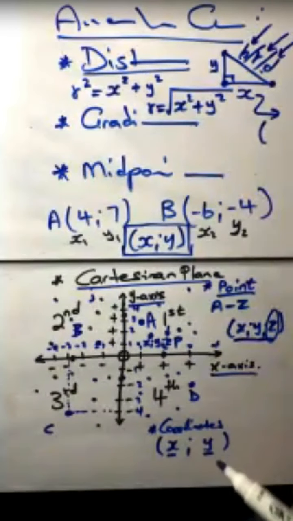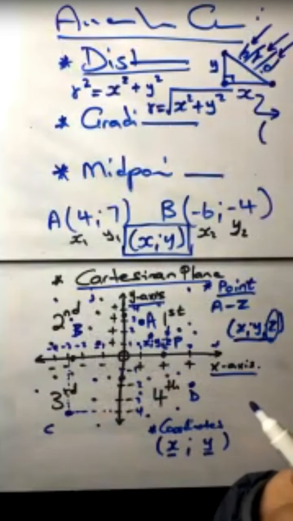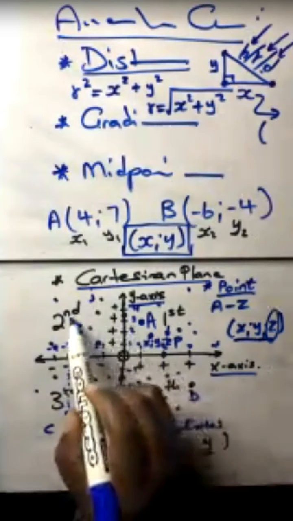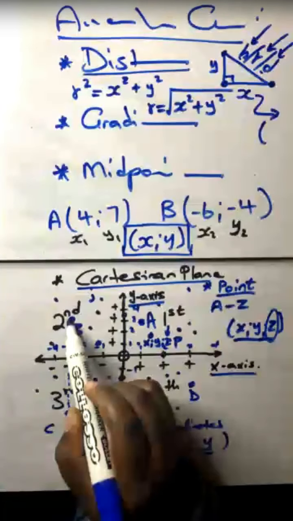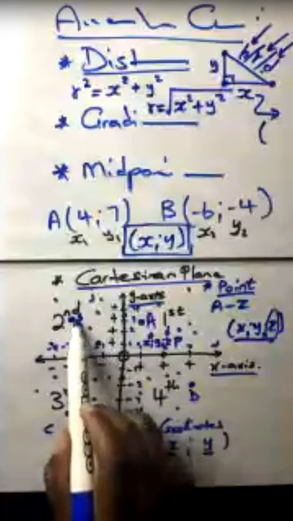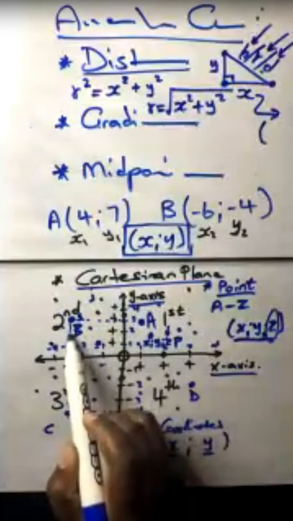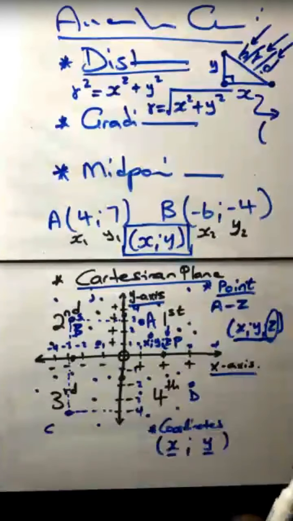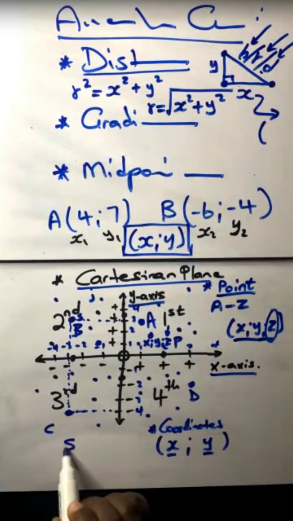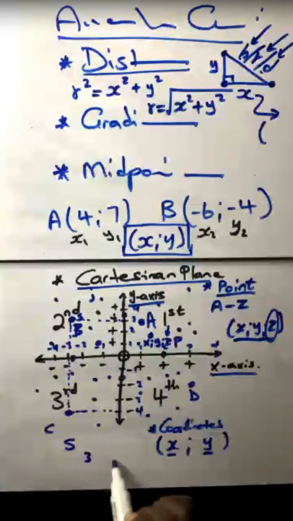So let's try that point over there and say this is point S. Let's say this is point S, and it's aligned with that 3 over there, and it's aligned with -3 over there. So what is point S? The coordinates for point S are +3 and -3, sir. +3 and -3.